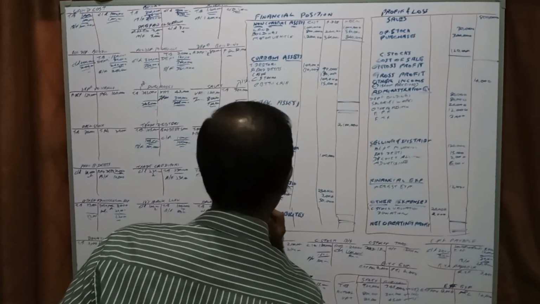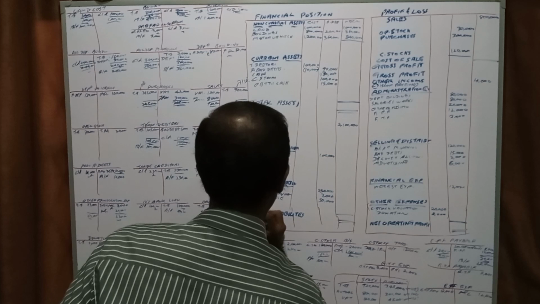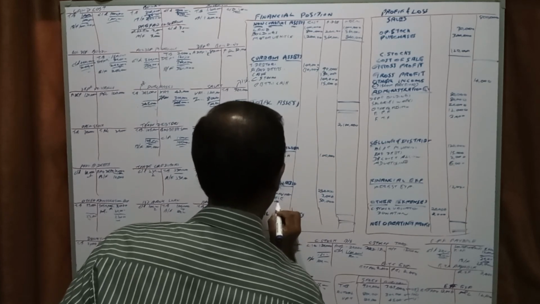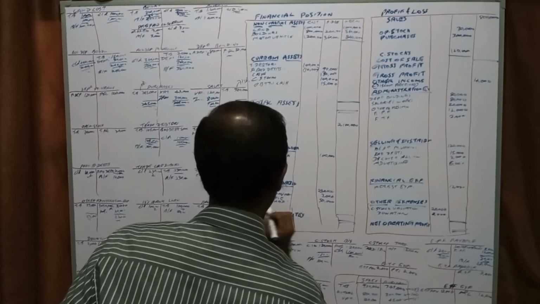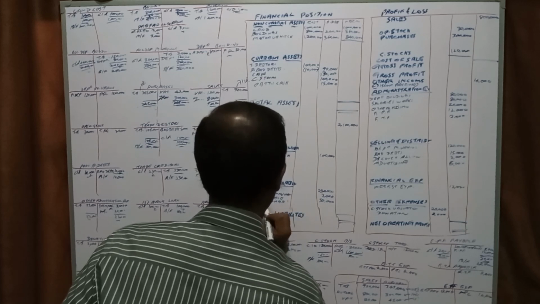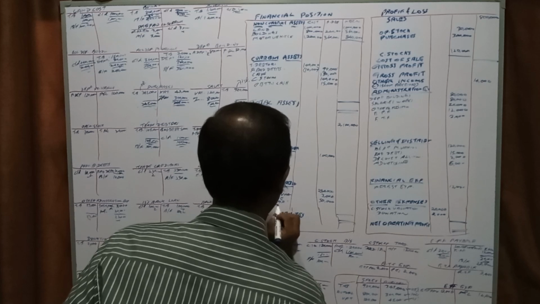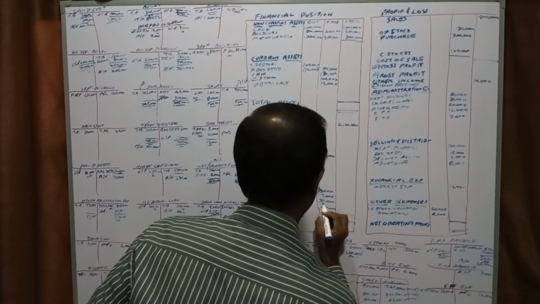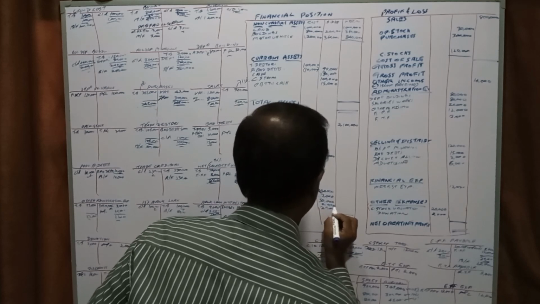Payable, current liabilities: EPF payable 20,000, ETF payable 2,400, right?